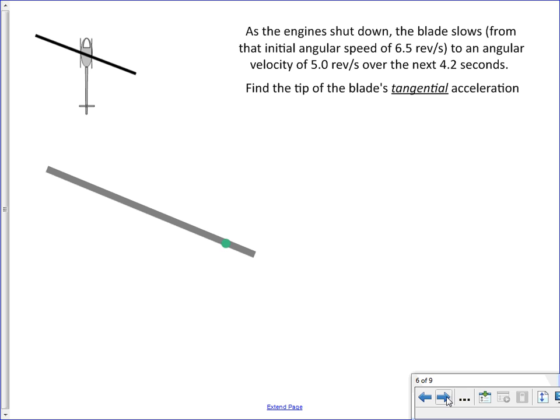All right, so I think this is really the same stuff we did before. If we want tangential acceleration, that's r alpha. Or, well, let's see. At is r, and alpha is delta omega over t.